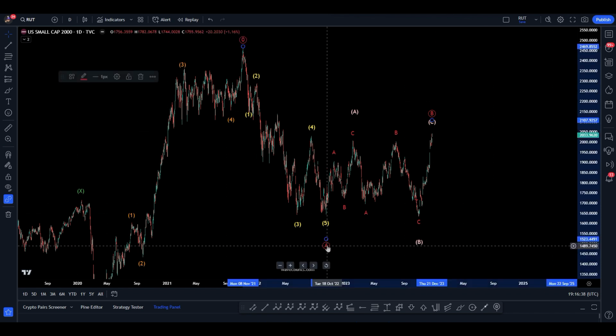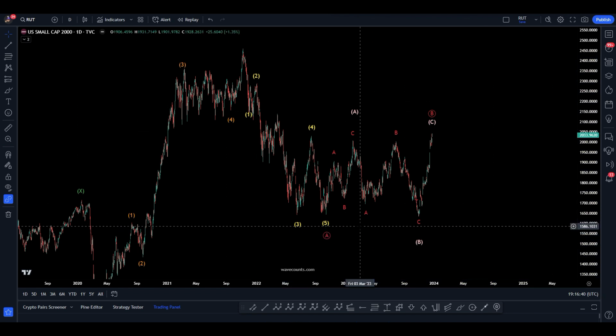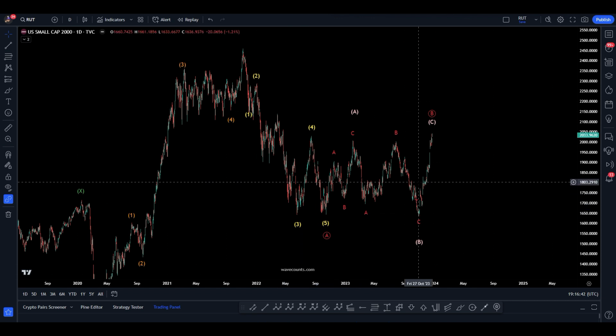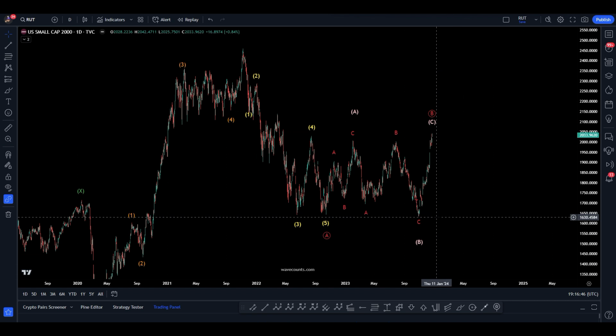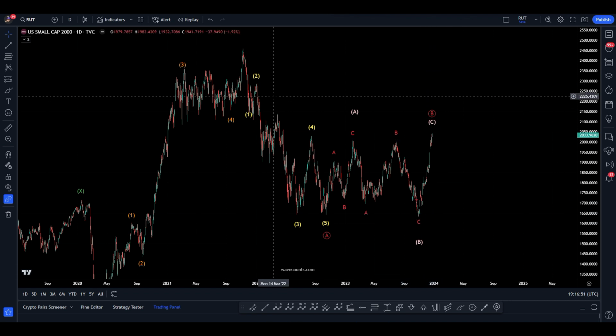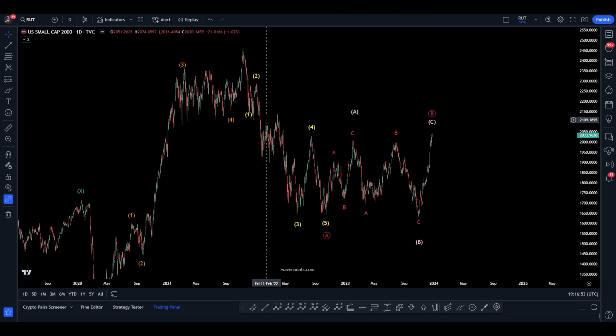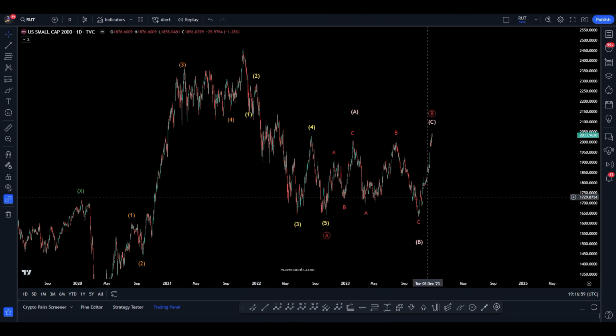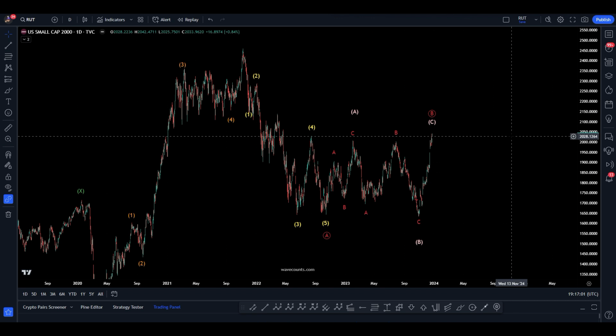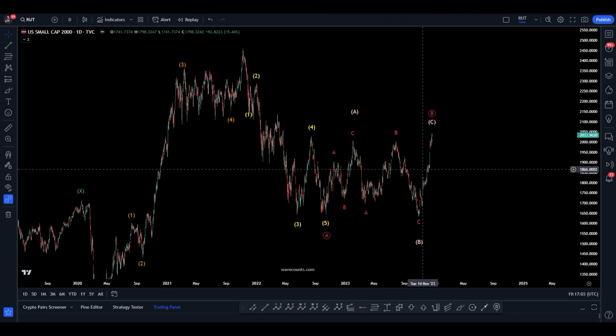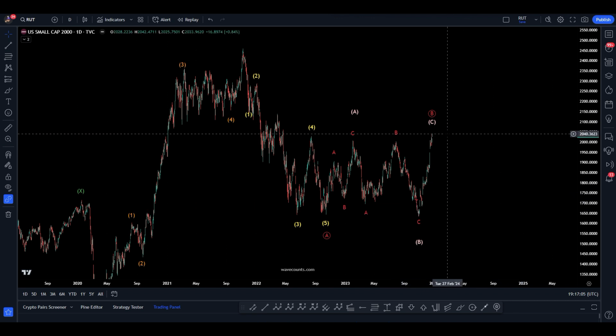So I had a video on the Russell that came out when this low broke, and it confirmed that we're in a bear market, is what I said. And it still did. It still confirmed we're in a bear market, all right? Because we're getting a counter trend doesn't change that. But by virtue of us getting a counter trend, now people, I feel, are emotionally buying. And I think that's a bad idea.